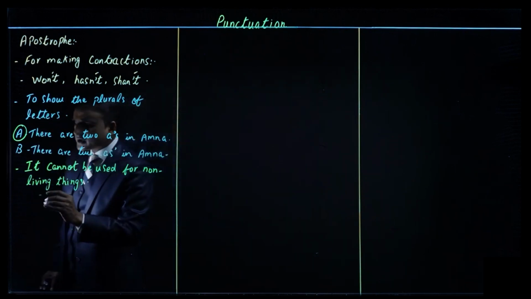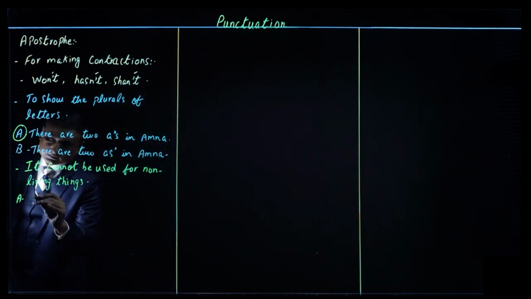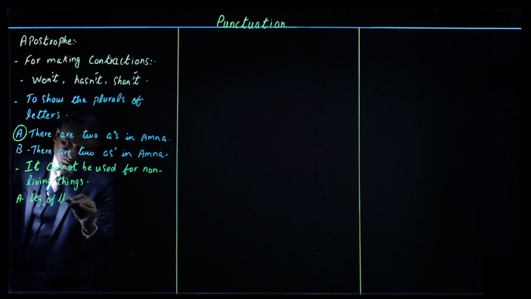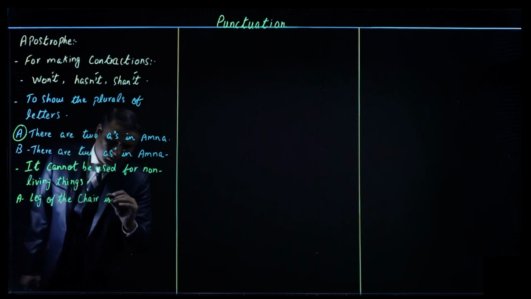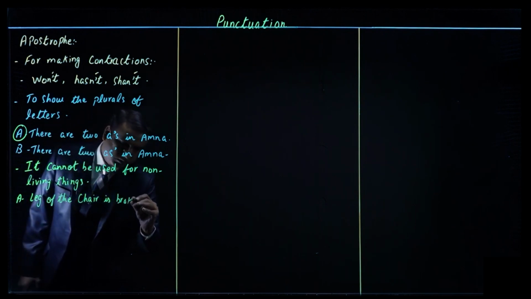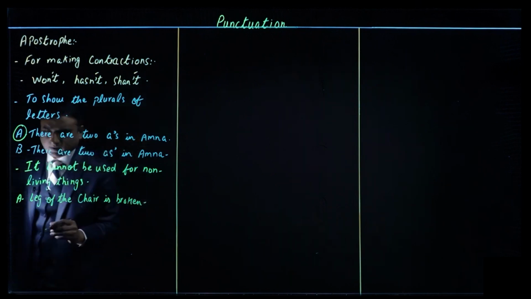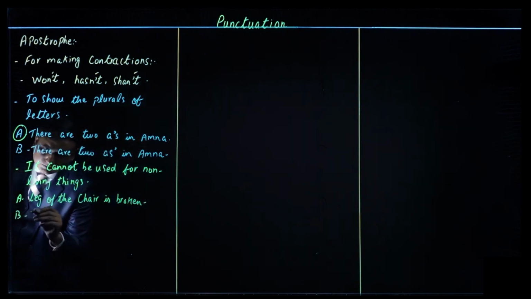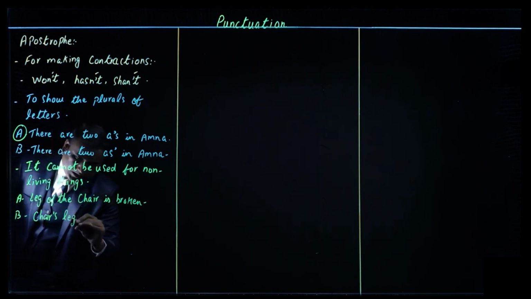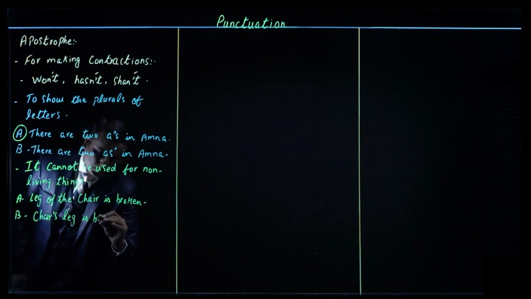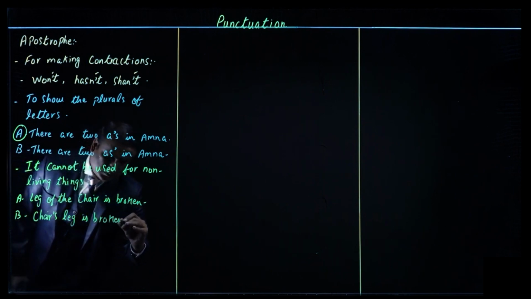So अगर मुझे ये कहना हो leg of the chair is broken, and beta मैं कहूँ chair's leg is broken.